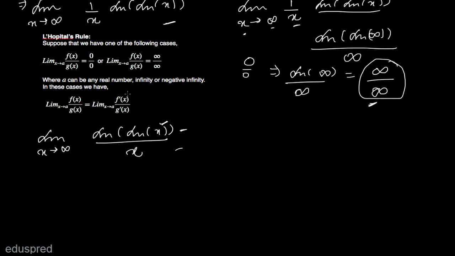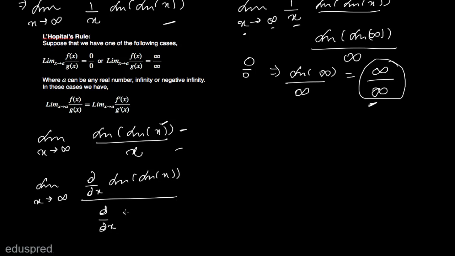So according to this rule, you have to first differentiate your numerator and then the denominator. So this would become limit x tends to infinity, differentiating ln of ln x with respect to x, divided by the derivative of x. Now first finding the differentiation of this, you have to use certain rules of logarithms.